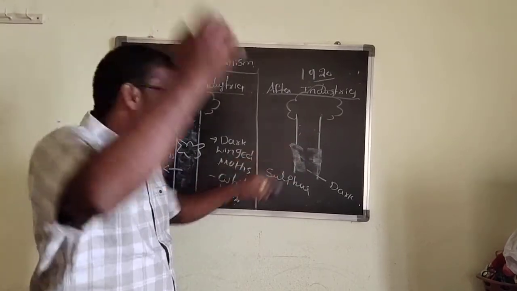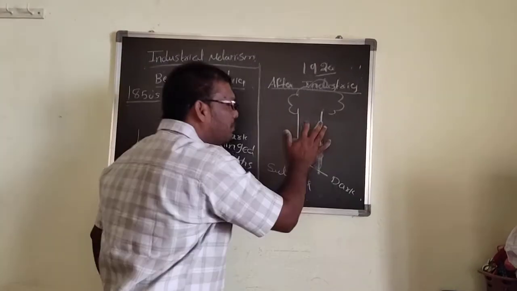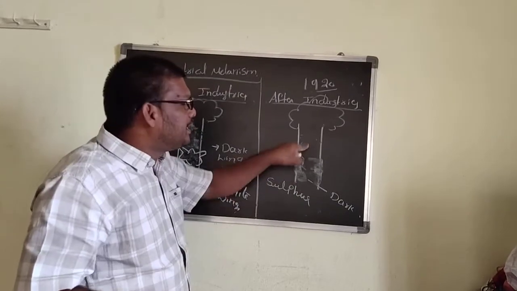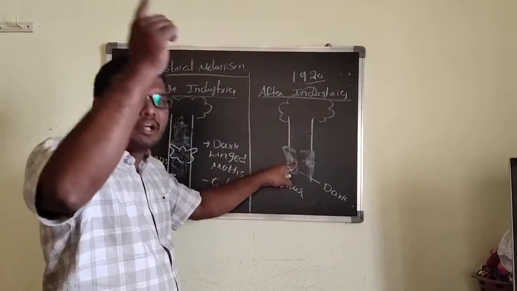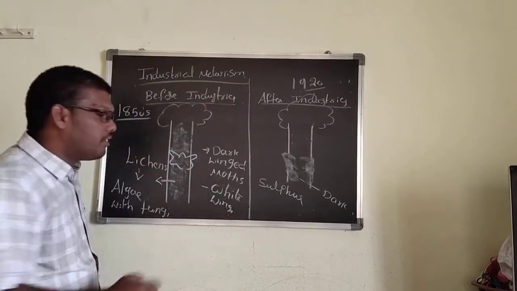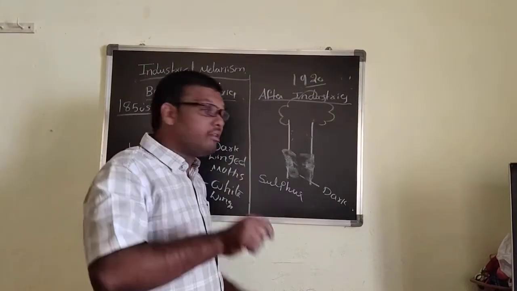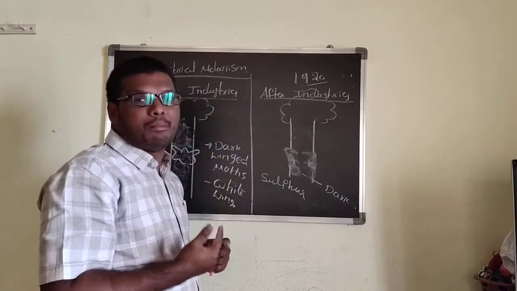That's why the predator easily identifies the white winged moth. They are not able to identify the dark winged moths. Now who will survive? Dark winged moth survives and white winged moth is attacked by the predator. Before industries, the white winged moth survived. After industries, dark winged moths survive. It is a reverse manner.